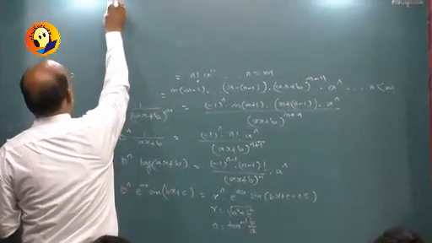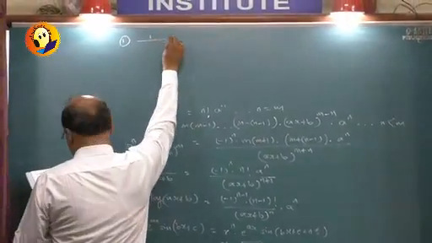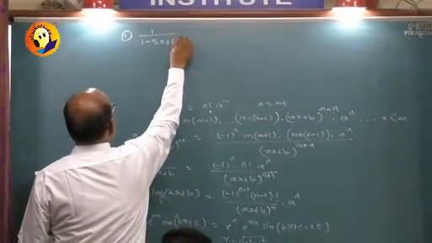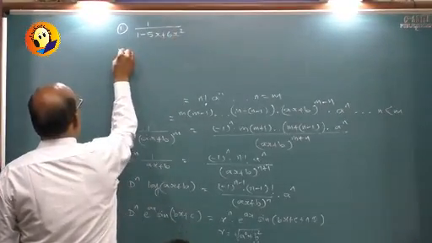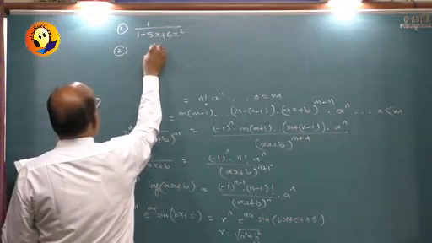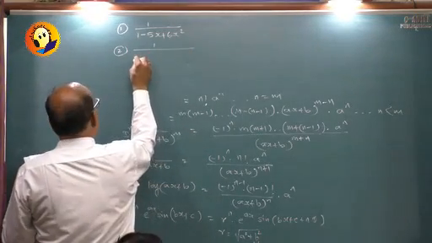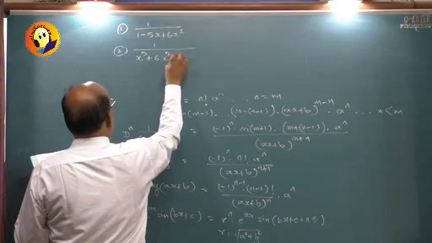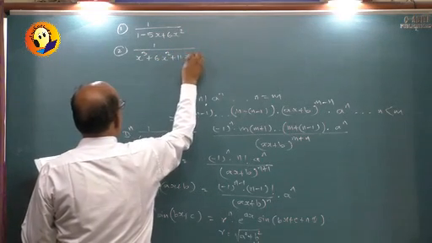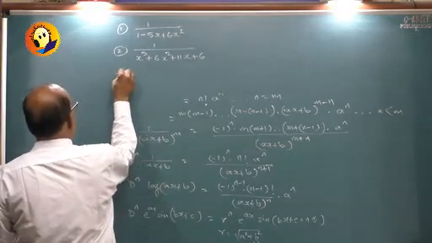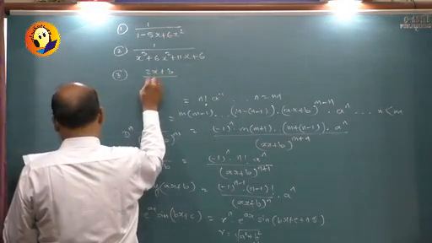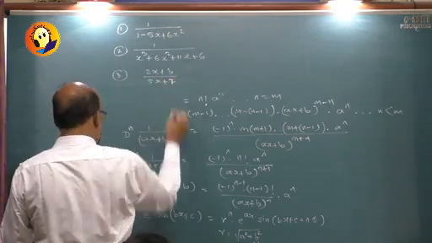The problems are: number 1, 1 upon 1 minus 5x plus 6x square. Number 2, 1 upon x cube plus 6x square plus 11x plus 6. Third, 2x plus 3 upon 5x plus 7.